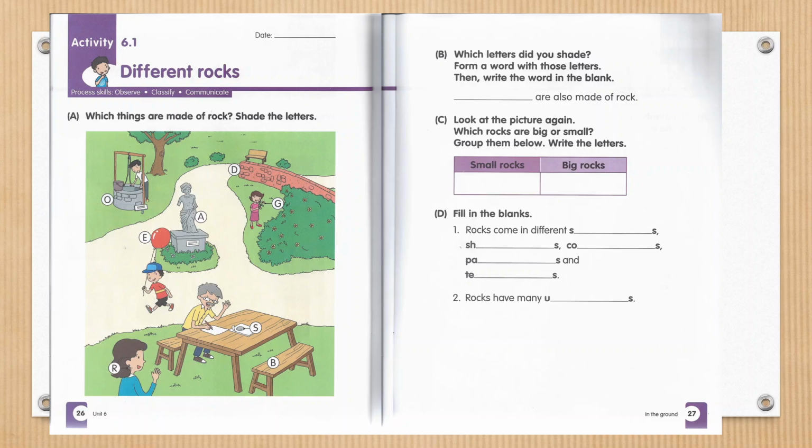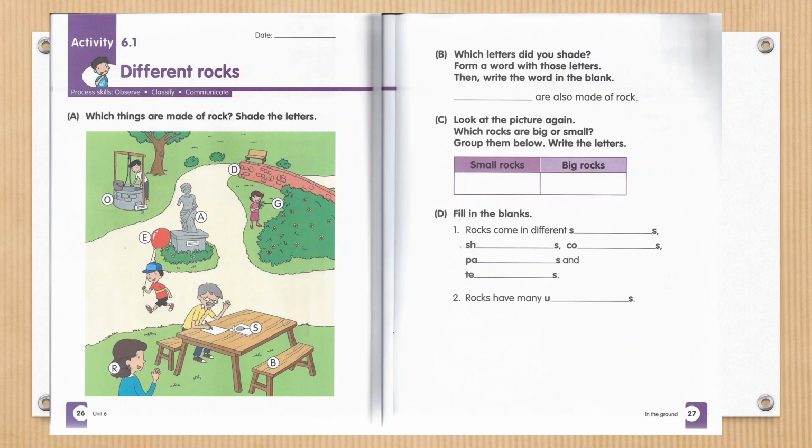Letter C. Look at the picture again. Which rocks are big or small? Group them below. Write the letters. So you have to write the letters for small or for big rocks. In the small rocks category, you should write letters R and S. On the other hand, for big rocks, you should write letters O, A, and D.